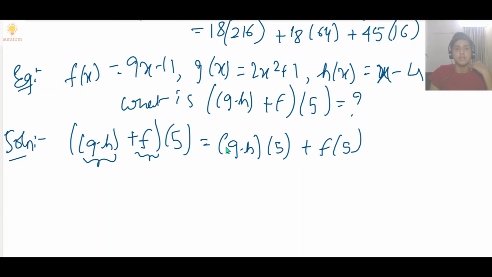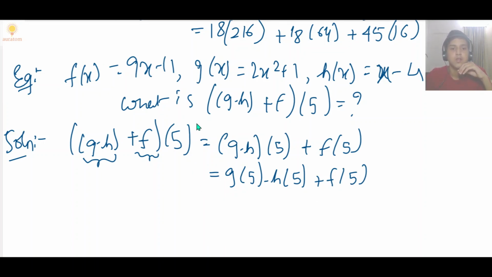So we know that g into h of 5 is just going to be the product, right? G of 5 into h of 5 plus f of 5. So we need to calculate this. Here we can directly substitute 5 for g of x to calculate g of 5. So that's going to be 2 into 5 squared plus 1, that is g of 5.